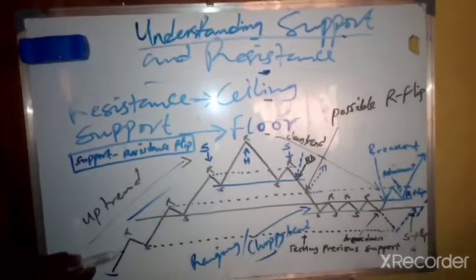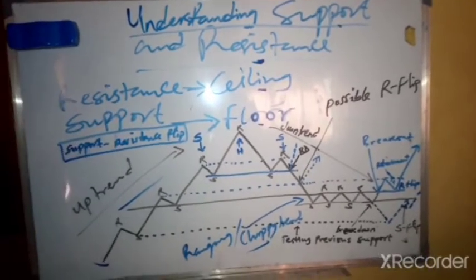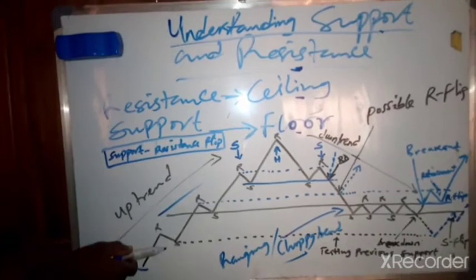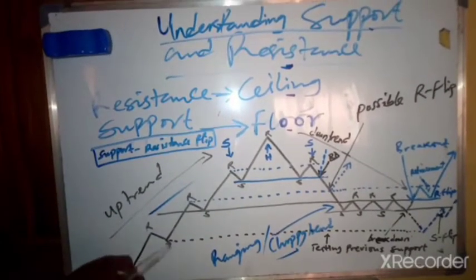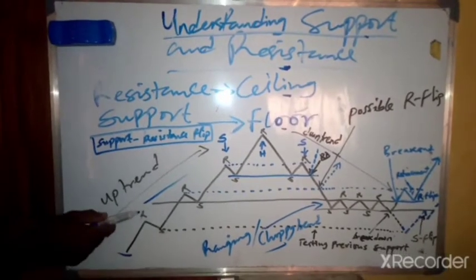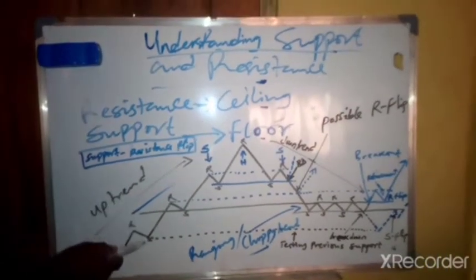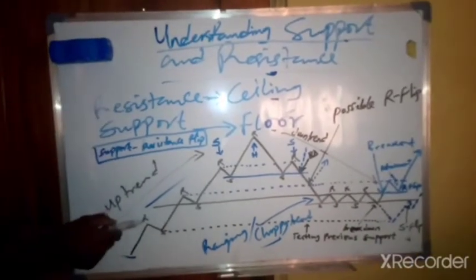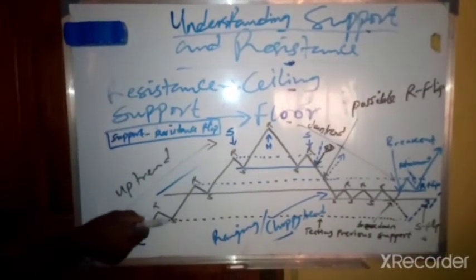Now, this higher high will result in the formation of a resistance. It then came down, there was a retracement, and it formed a higher low. So this higher low will act as a support. That is why on this chart I'm putting R for resistance and S for support. Do you understand? So an impulsive move will form a higher high, and a retracement will form a higher low.